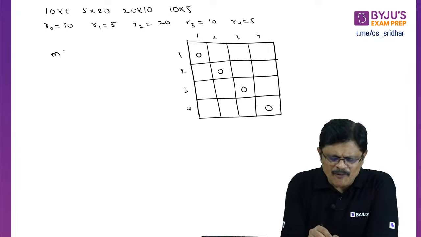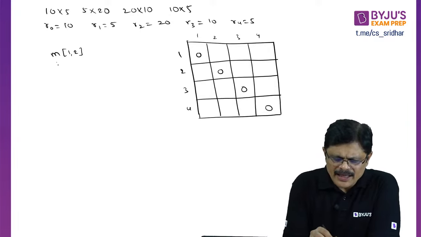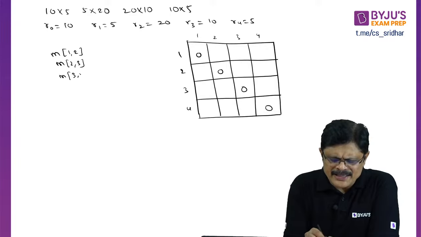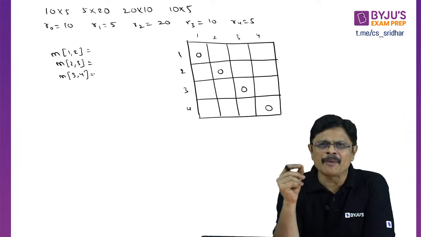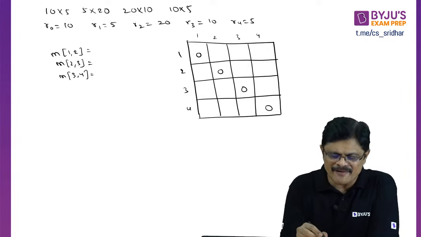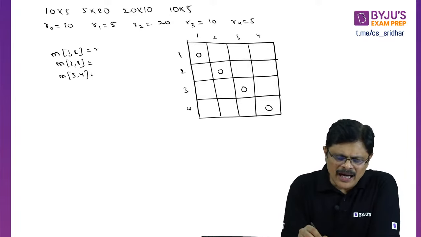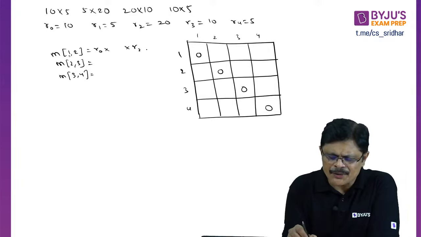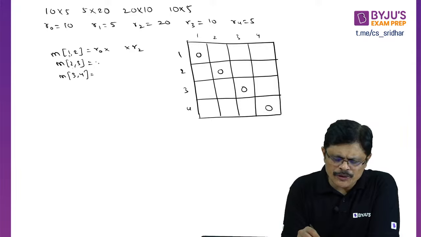Actually this M12, M23 and M34 you can easily get, sir. Whenever you are going from a particular number to another number, the Ri values vary. If it is 1, we start from R0 and R2. If it is going from 2 to 3, it is R1, R3.